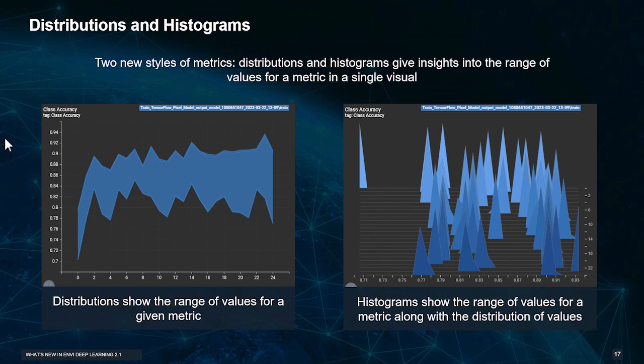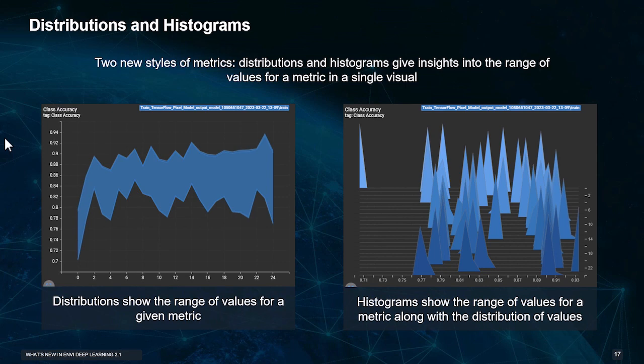Distributions and histograms represent similar values. Distributions show it in a horizontal 2-dimensional plot where you have the minimum value for a metric. So in this case, it's accuracy by each class. And then you have an upper value. So it shows you basically the range of accuracy at each epoch of training for a specific metric.